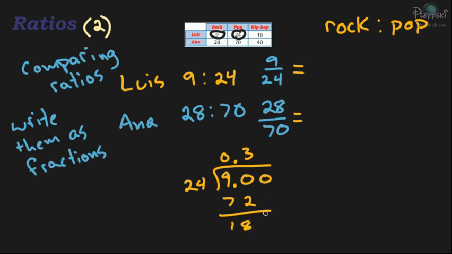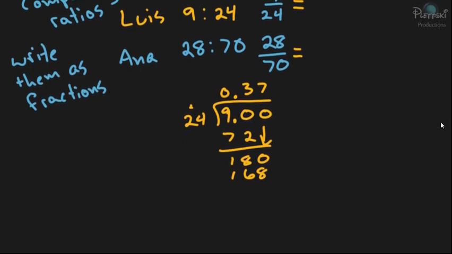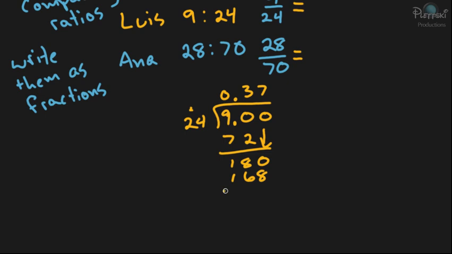Then you add another 0, bring the 0 down. And 24 goes into 180 7 times. 7 times 4 will give you 28. 7 times 2 is 14, plus 2 is 16. 180 minus 168 will give you 12.